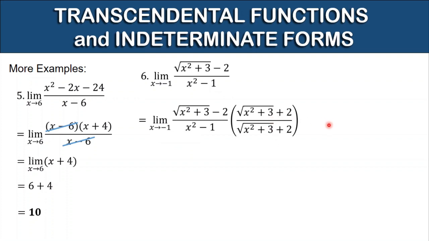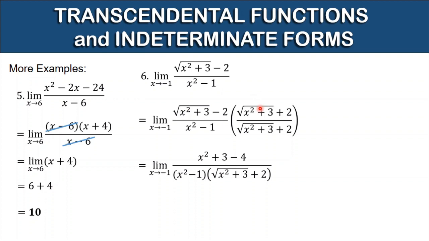From this step, what we need to do is to apply the sums and difference in multiplying the expressions in the numerator. So first term to first term, second term to second term. And that is x squared plus 3 if we're going to multiply the first term to first term, and negative 4 last term to last term.